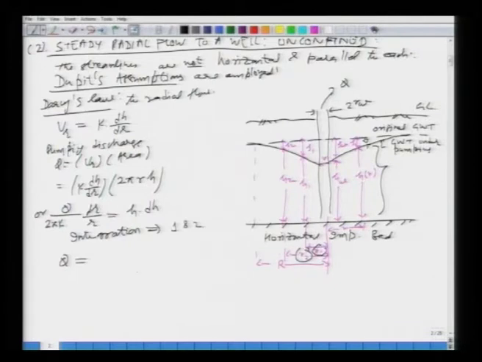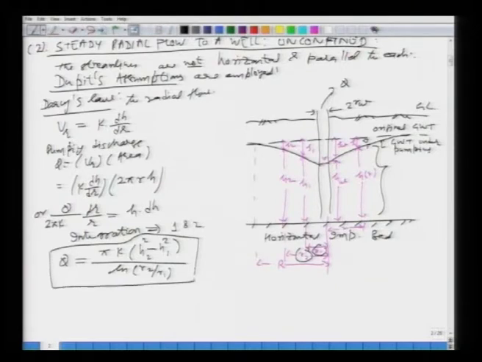Once you do that, your expression would come out to be pi k times h2 squared minus h1 squared over natural log of r2 over r1. So, this is the corresponding relationship for the unconfined case, and we are going to number this equation as equation number 5.